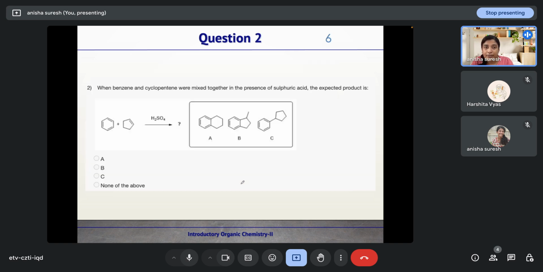Now coming to the second question. When benzene and cyclopentene were mixed together in the presence of sulfuric acid, the expected product is. So this is benzene and cyclopentene.